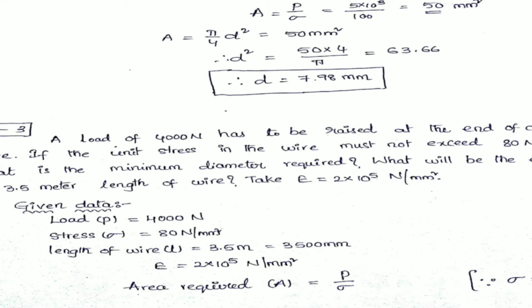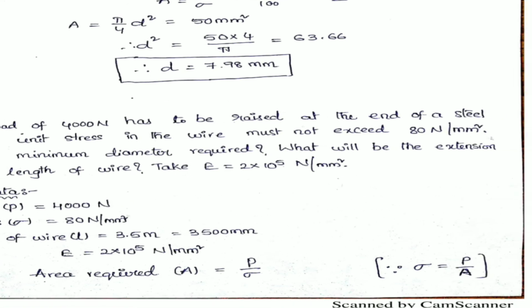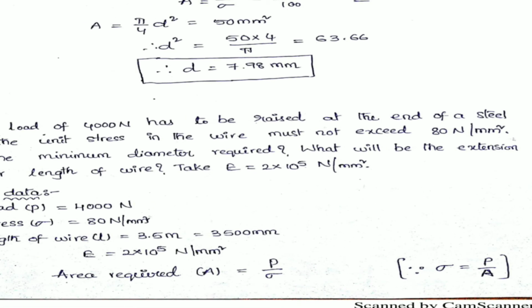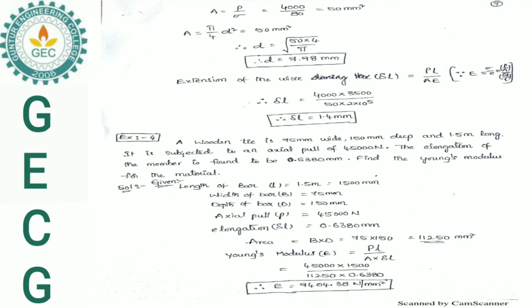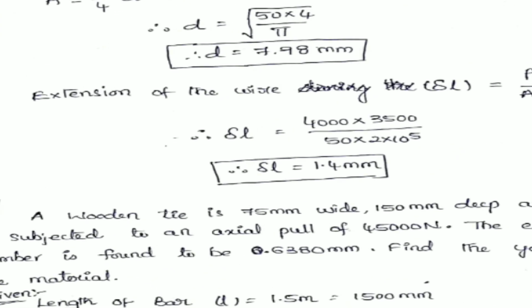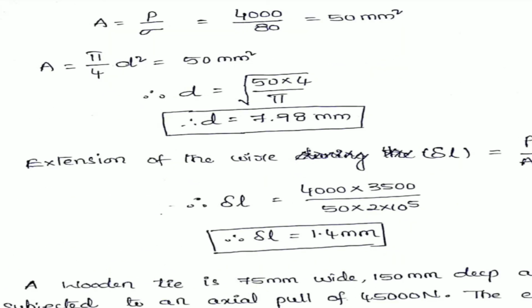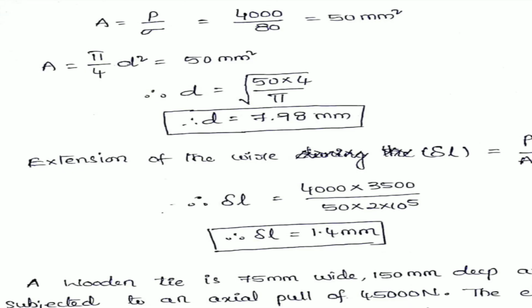Area required A is equal to P by sigma, that is 4000 by 80, which is 50 mm square. Area formula A is equal to pi by 4 d square, that is 50 mm square. Finally d is equal to root of 50 into 4 by pi, which is 7.98 mm.